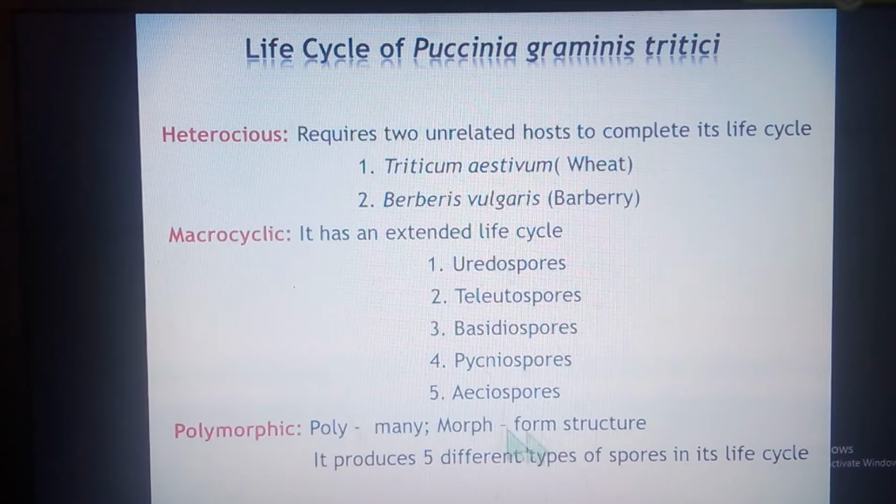Because it can produce many forms, five types of spores in its life cycle, it is also known as polymorphic, because poly means many and morph means form or structure.